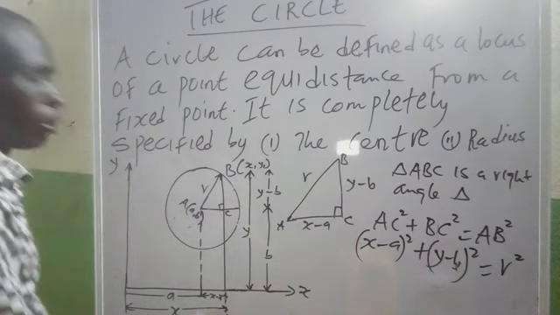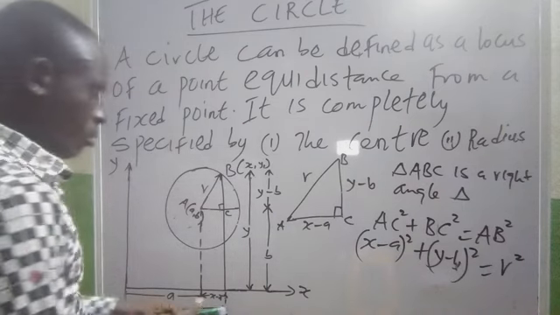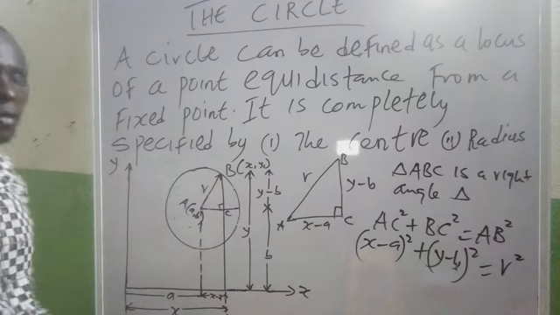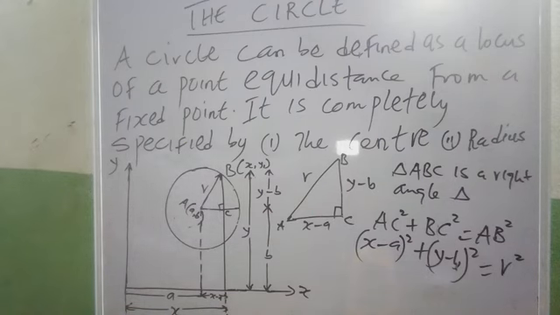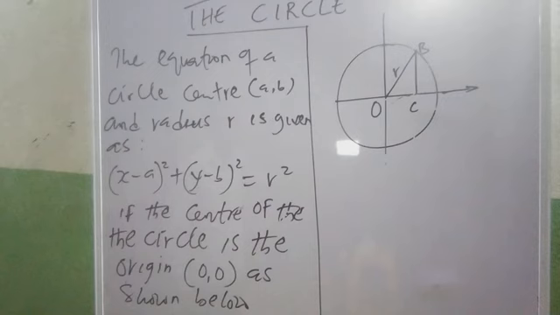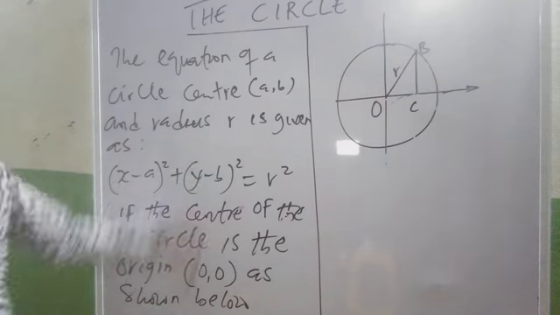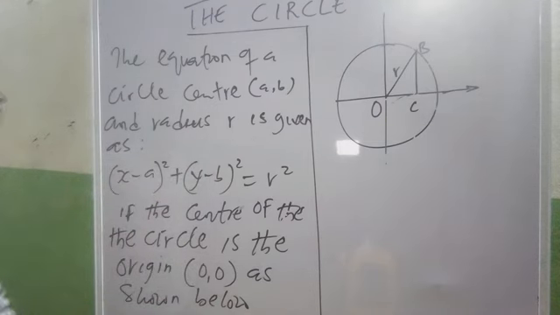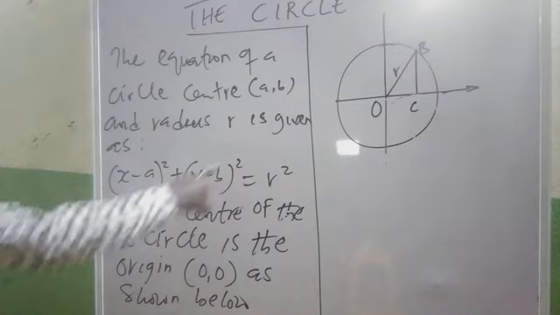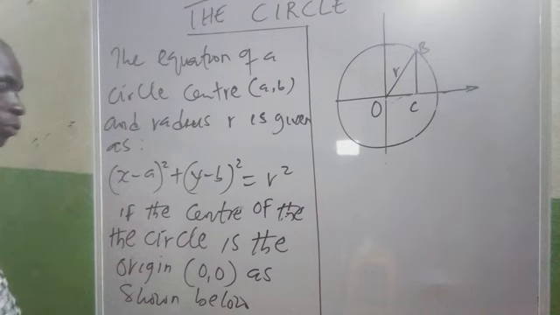This is called the equation of a circle. So from there we say that the equation of a circle, center (a, b) and radius r, is given as x minus a squared plus y minus b squared equals r squared.